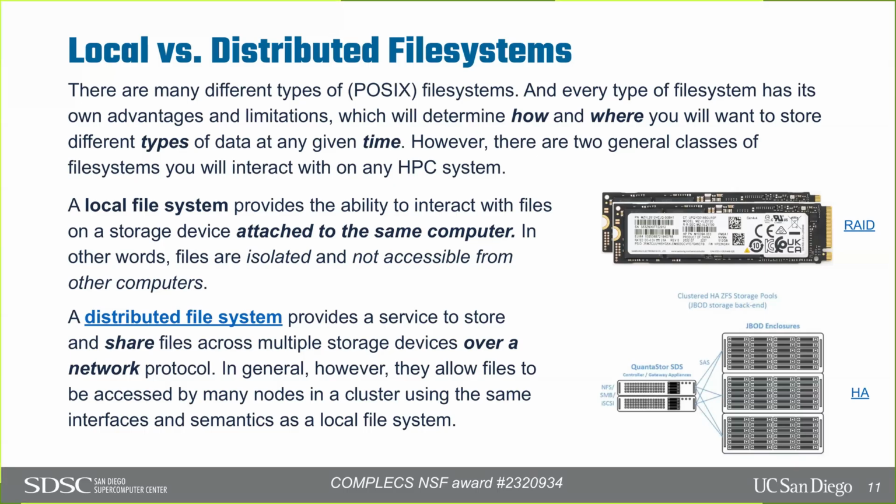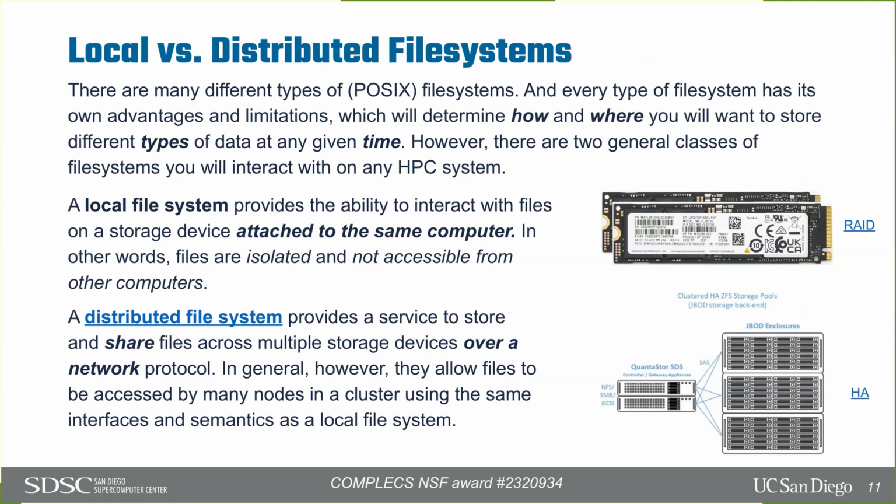Essentially, when you store data on these systems, it'll be available to any of the compute nodes that you might access on an HPC system. The idea is that you want to store data that can be accessed from anywhere you're doing computation. That's what distributed file systems are generally used for.